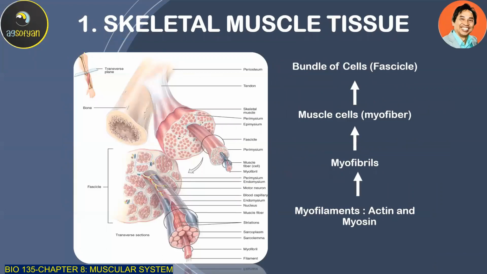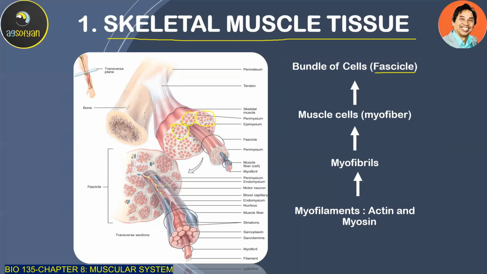Now we start with muscle tissue number 1, which is the skeletal muscle tissue. If we have meat, that meat is actually muscle. That meat actually consists of many fascicles. So this is one fascicle. This is another fascicle. This is another fascicle.